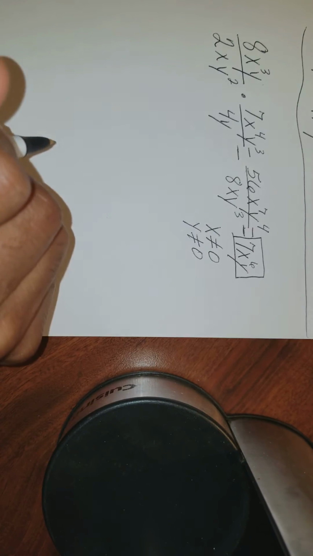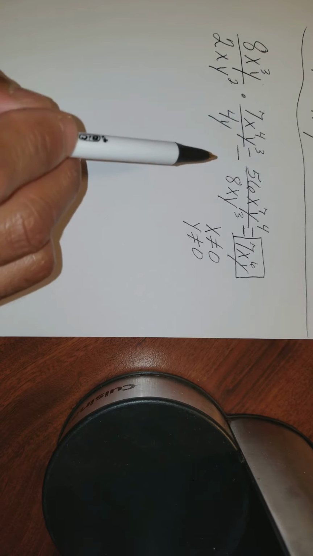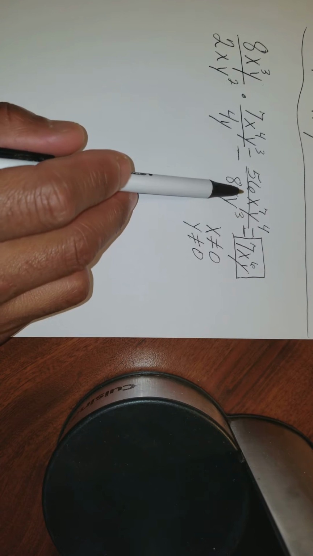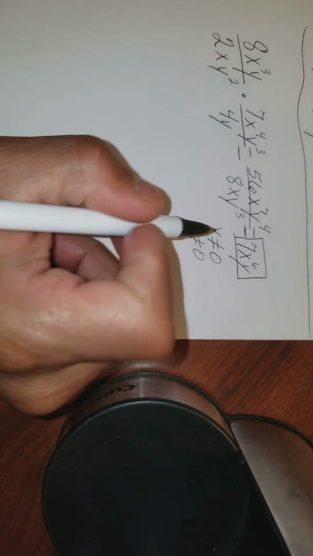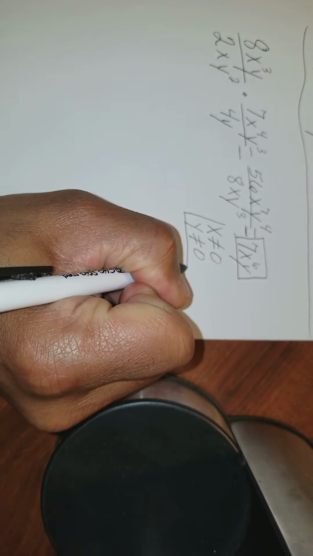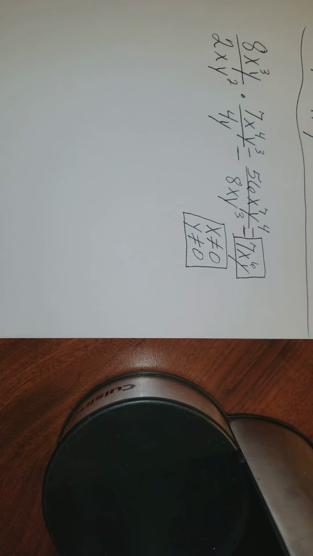If either one of these is 0, again, they will cause my entire denominator to be 0 when you multiply, and it's impossible for you to divide by 0. So here you go, guys. That's your final answer: 7x to the 6th y, where x and y cannot be equal to 0.